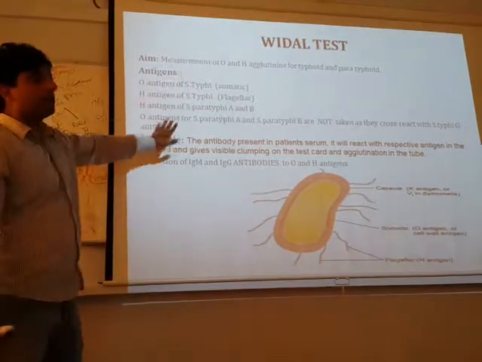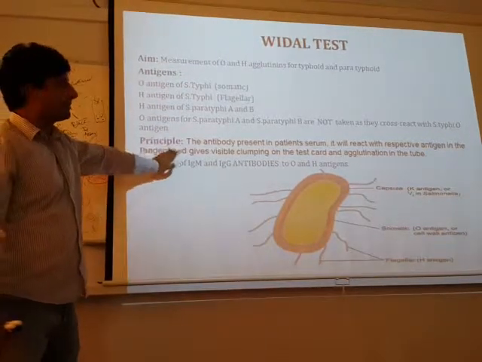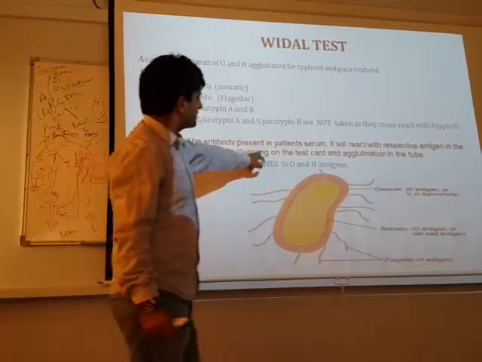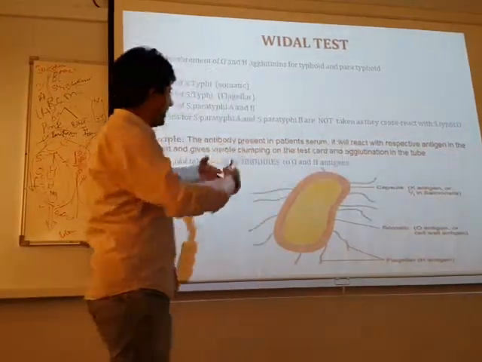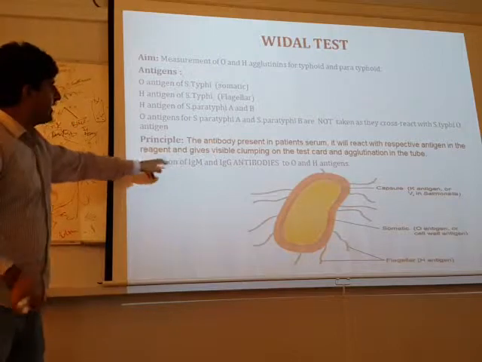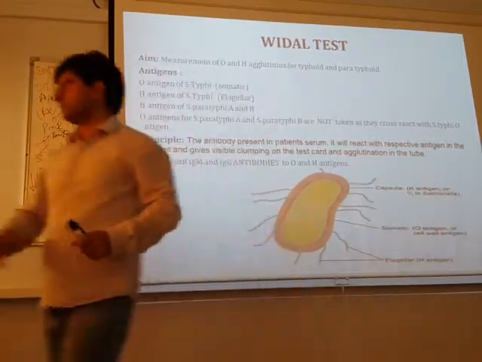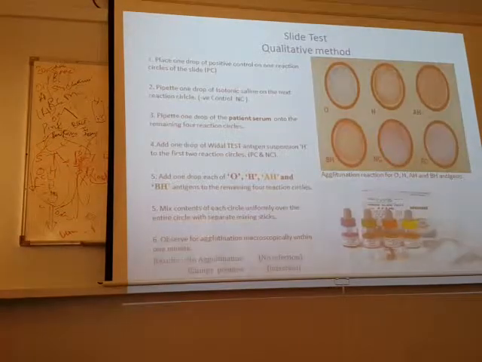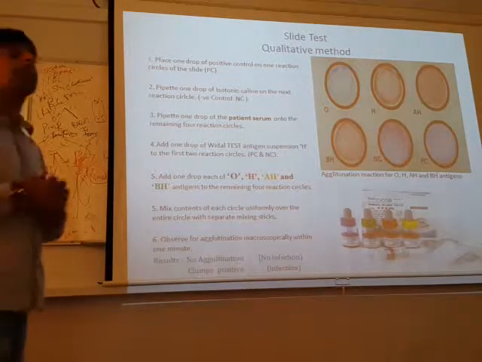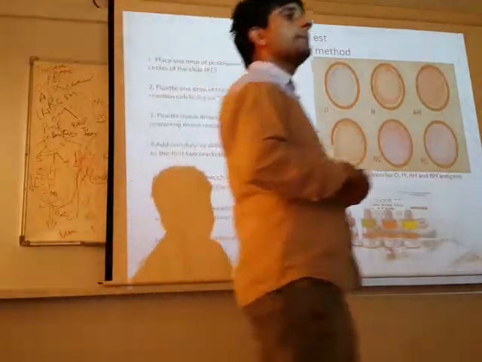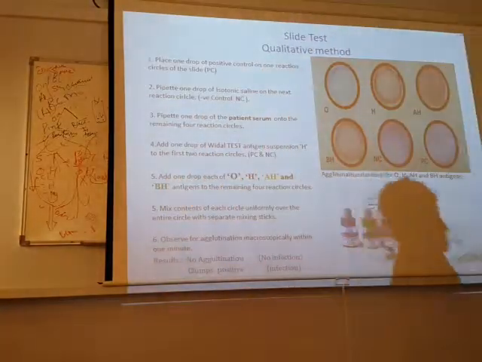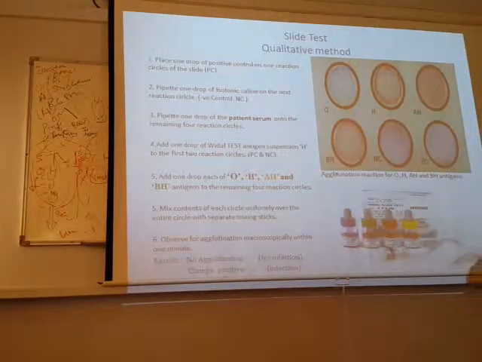Okay, so what is the principle of the Widal test? The antibody present in the serum will react to the antigen, either O or H, and give a visible agglutination. We do this only in the second week. You can do the Widal test only when there is presence of antibody.